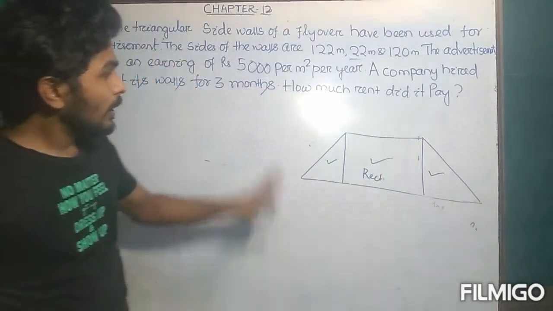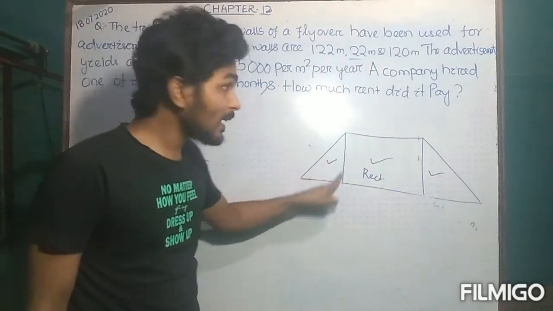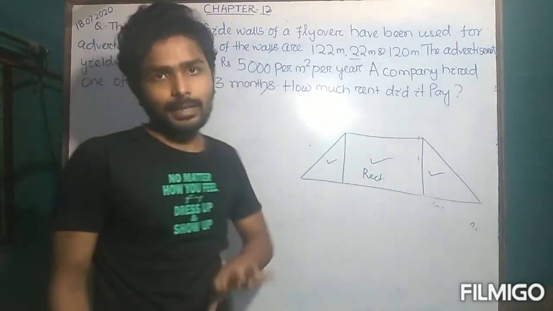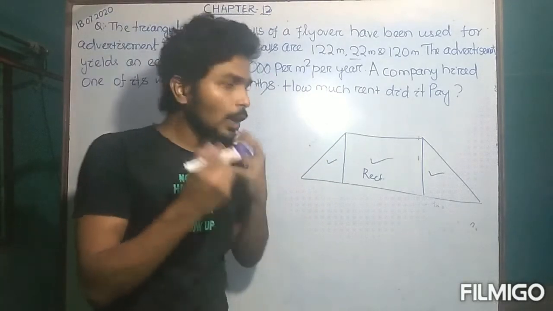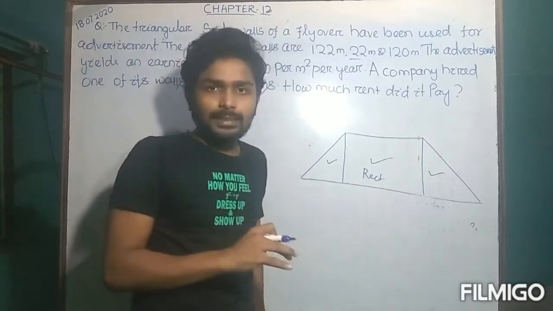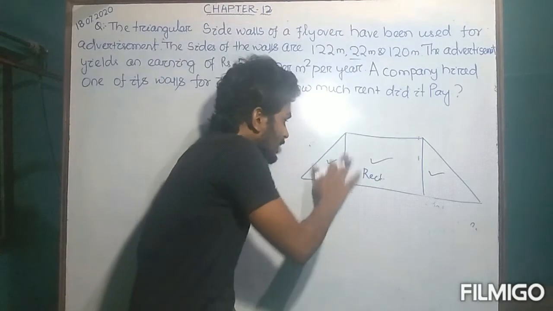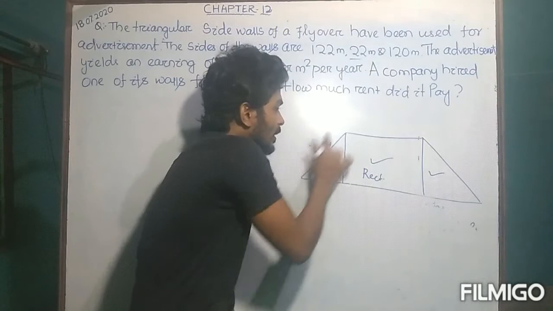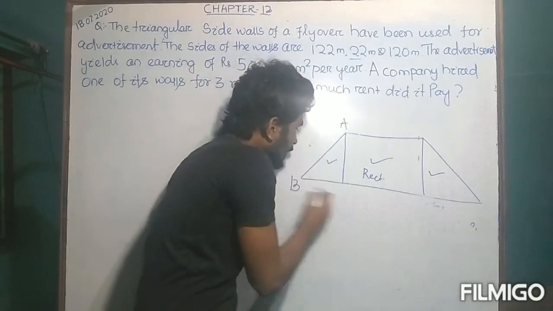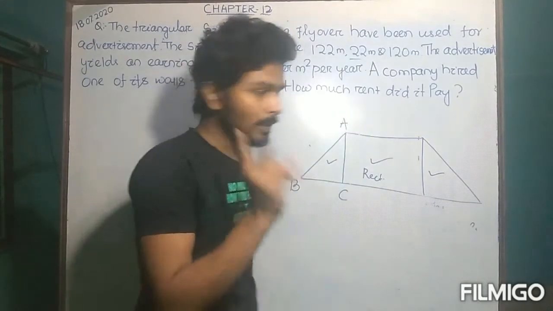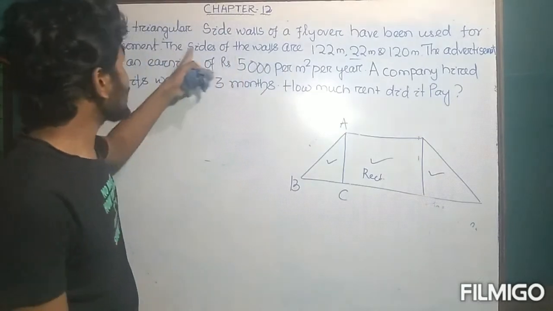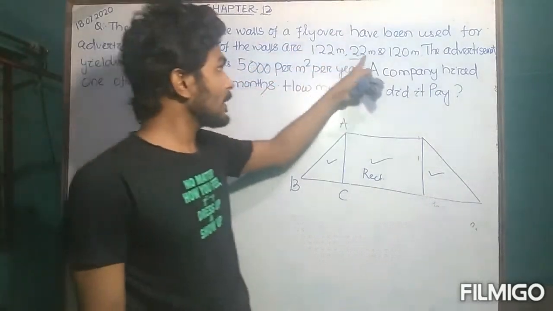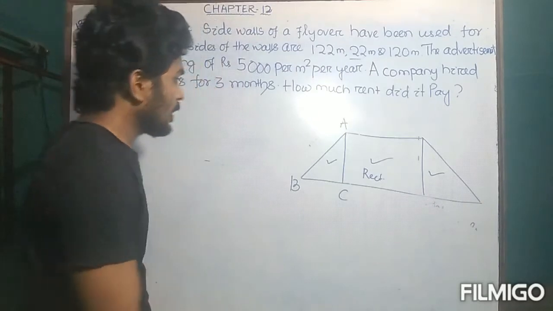Clear? So the company chooses a triangular side wall for its advertisement. That means a company needs to paste its hoardings or advertisement over this triangular side wall ABC. Clear? Now the sides of the walls are 122, 22 and 120 meters.